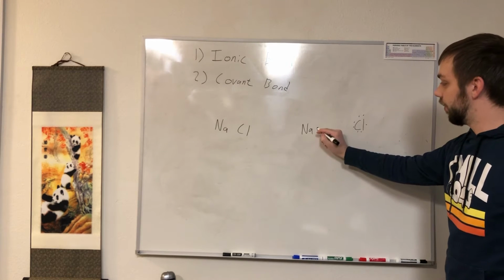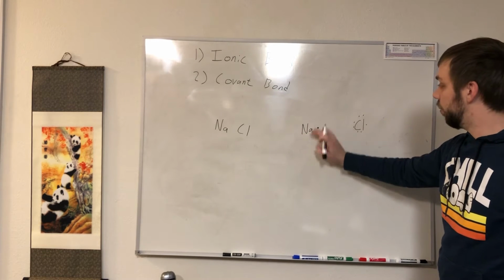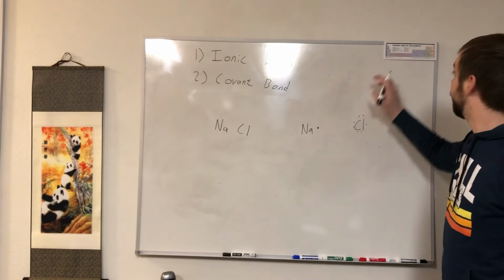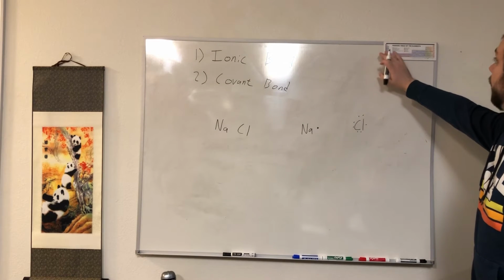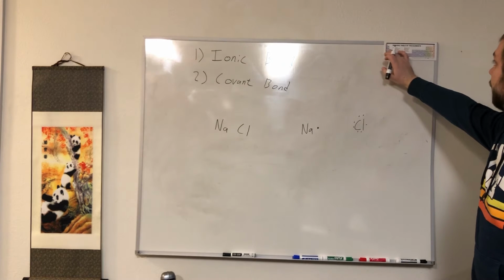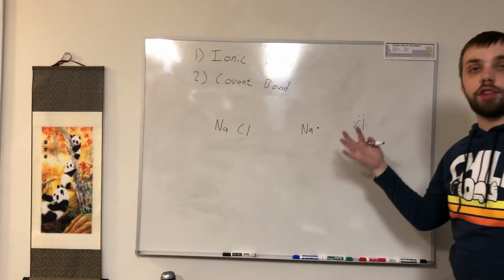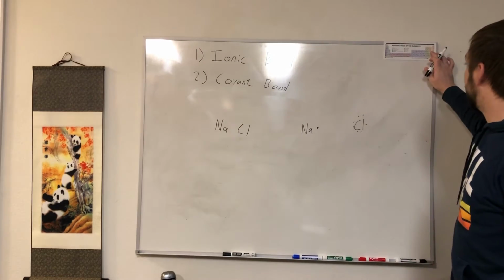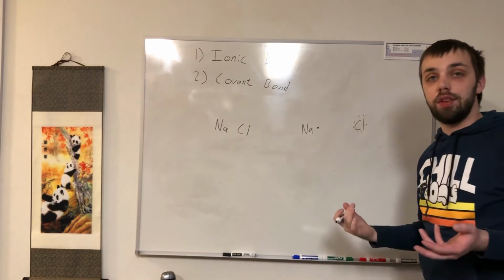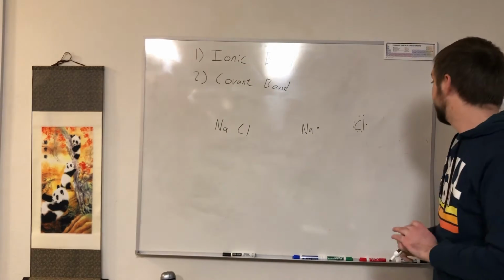And if sodium loses this electron, that's the only thing in this shell, so then it'll have a full octet. You can see on the periodic table that if you lose an electron from sodium, then you'll have the neon electron configuration, or that noble gas stability. And if you add an electron to chlorine, you'll have that argon electron stability. So you have a noble gas electron configuration.